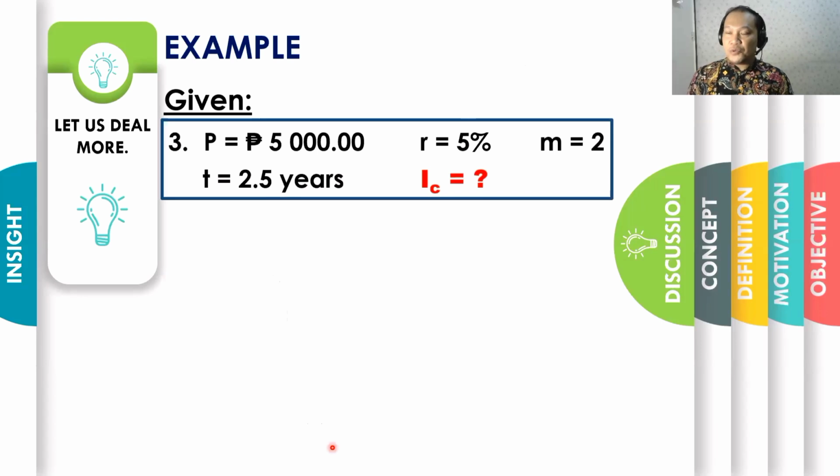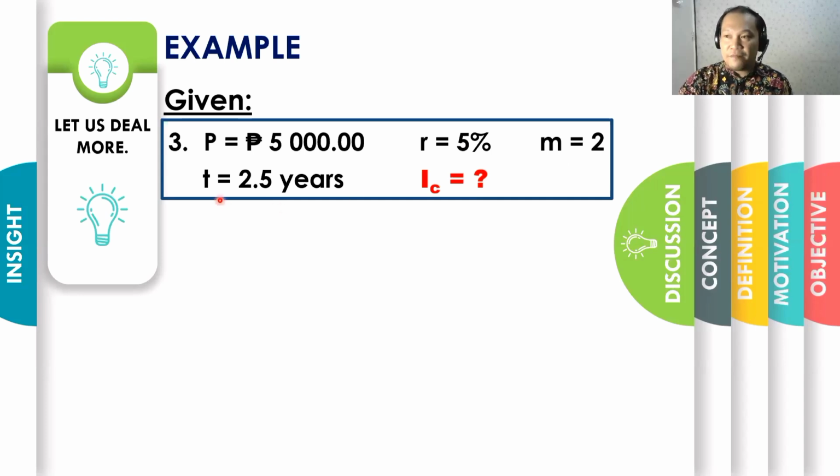Now, what if we have this problem? Same thing, we are looking for the compound interest, but this time the given are the following. The principal amount is 5,000. The rate is 5%. The conversion is semi-annually, which is 2. Then the time is 2.5 years.